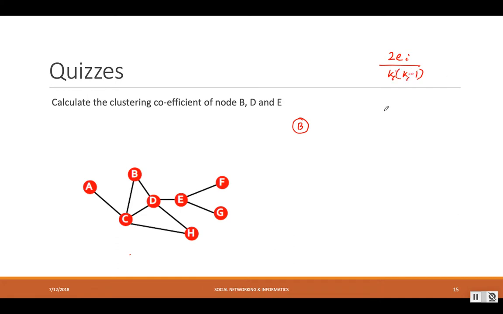Node B has two friends, C and D. So the clustering coefficient of B is 2 times 1 in the denominator, and then the value of Ei, the network connection between these two friends.